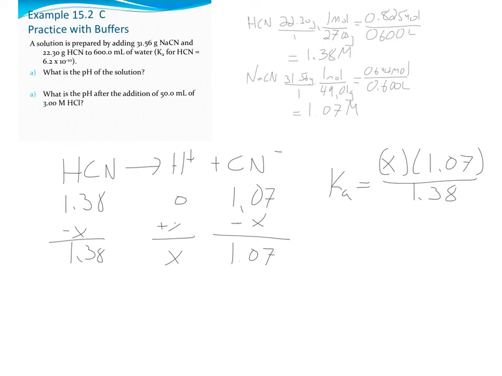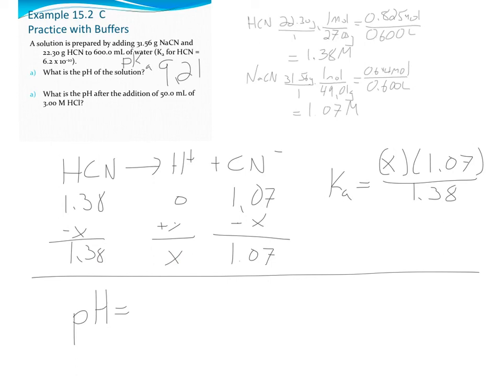The other way to do that is to use the Henderson-Hasselbalch. And that says our pH equals our pKa, and our pKa in this case is 9.21. It's the negative log of the Ka. So pH equals 9.21 plus the log of the base over the acid, just like it is in this expression.